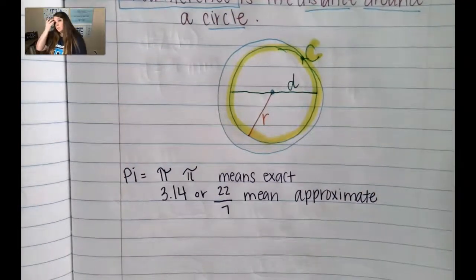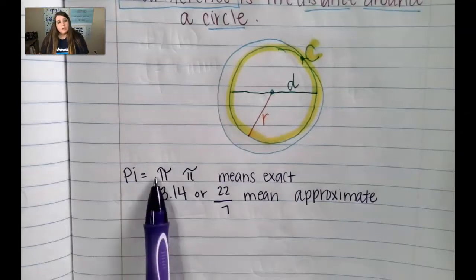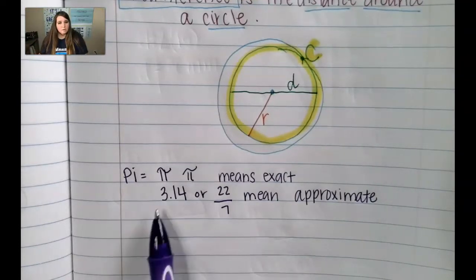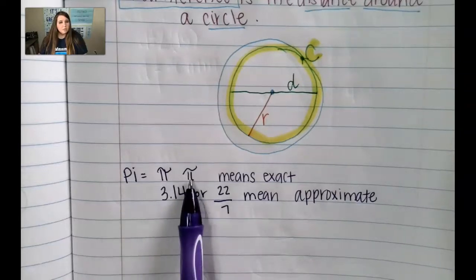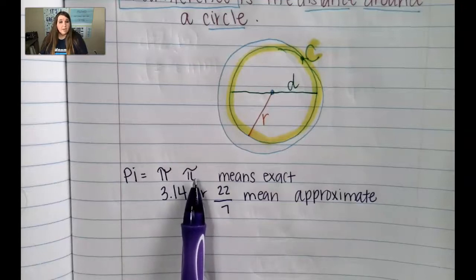Okay, so if we use this or this, we will get a different answer than if we use this. Pi is an irrational number, okay? It doesn't have an ending point.